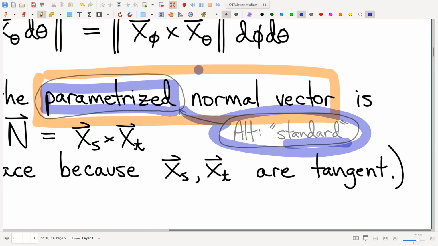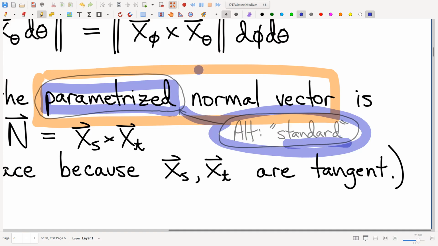Here's my quibble. If you call it the standard normal vector, it kind of makes it sound like there's something intrinsic to the surface about it. And it's not, right? Again, it depends on the parameterization. There's lots of ways to parameterize the surface, so they can't all be standard, right? Now I think the counter argument would be, well, it's standard to the parameterization.